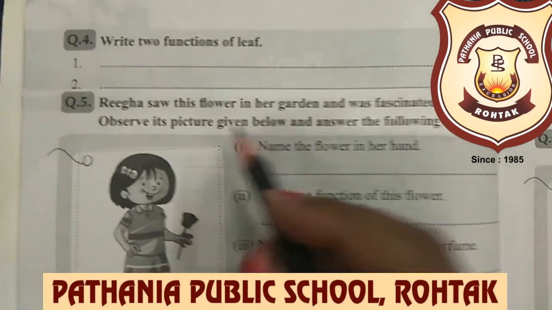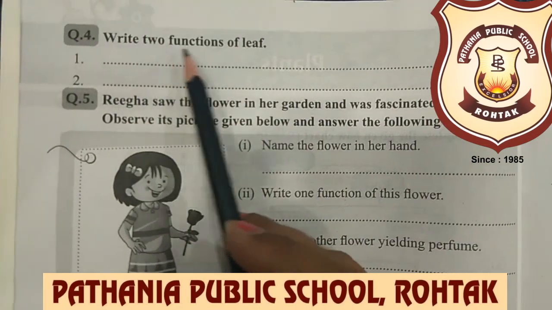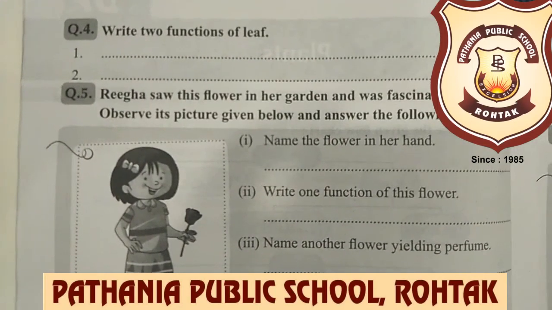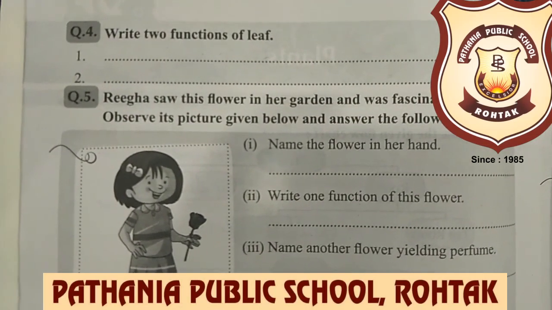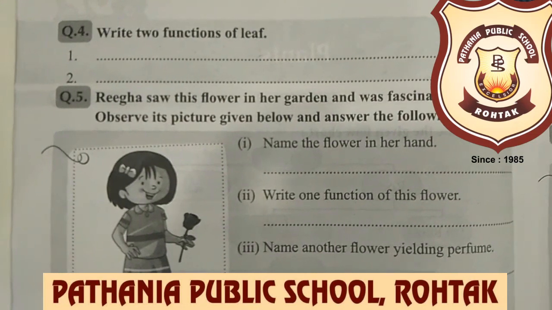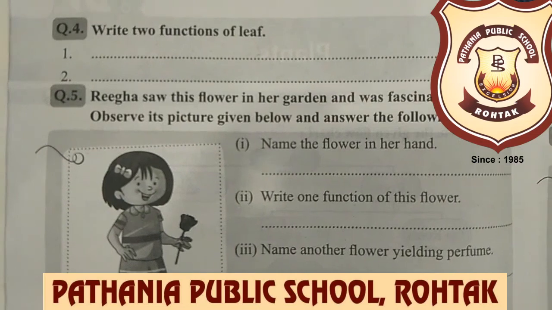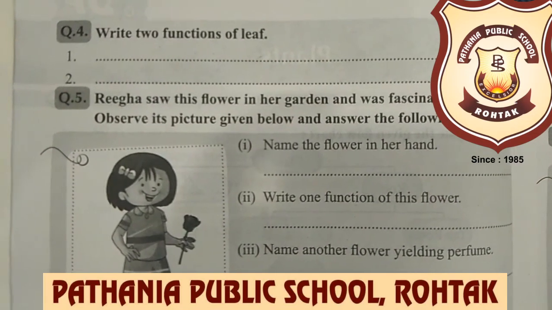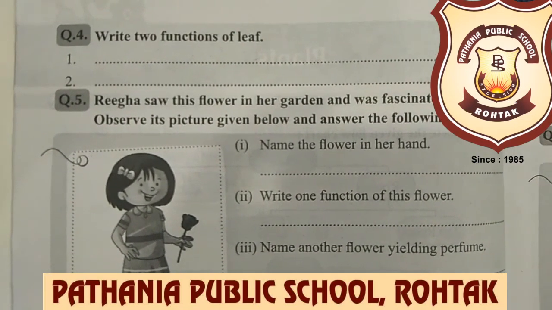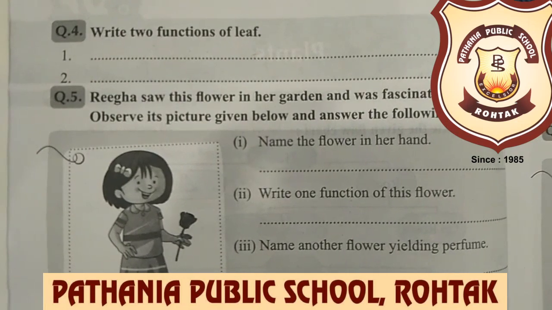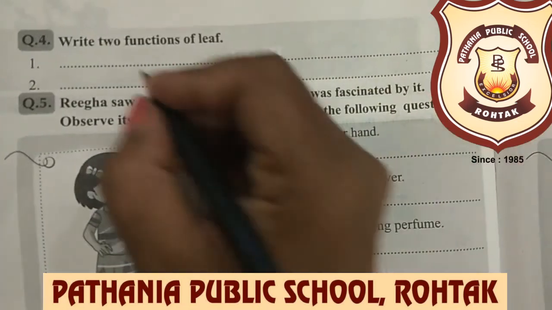Yes, beta. Now question number 4 is write two functions of leaf. What leaves do for plants? We know leaves do many things for plants, and the most important thing is leaves prepare food for the plant. That's why they are known as the kitchen of the plant.